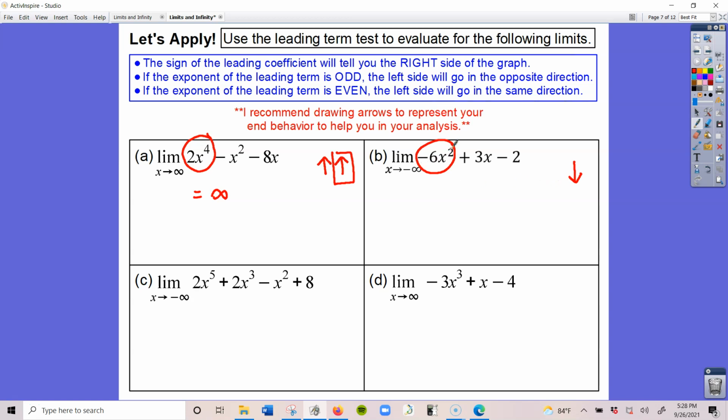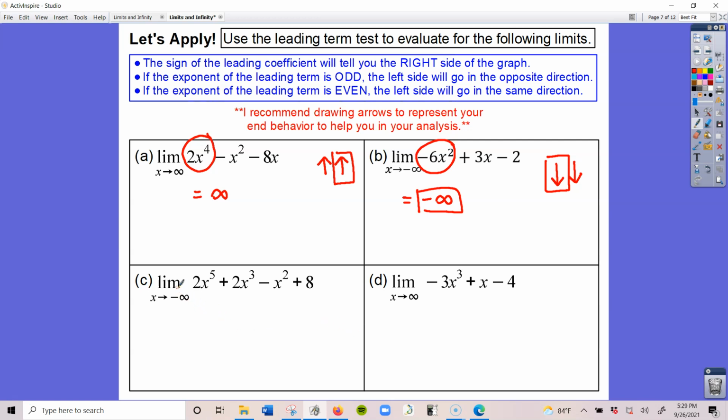And because the exponent is even, that means that the left side is also going down. Now I look at my limit. It says as x is approaching negative infinity. Here we are talking about the left arrow. And since my left arrow is pointing down, that means that this limit is equal to negative infinity.